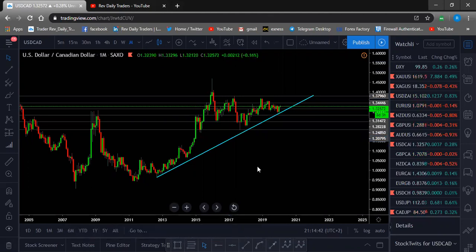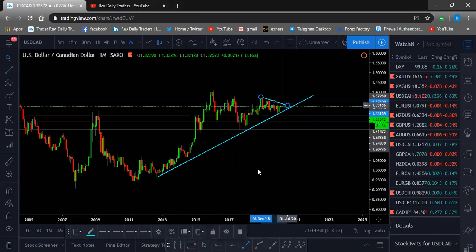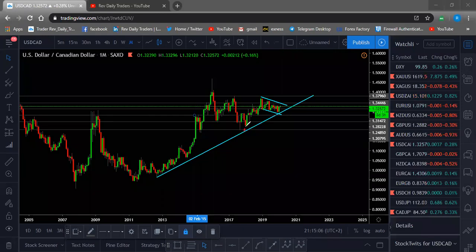Okay, we're going to say, how about USD CAD being on this channel, okay? Remember, on wave strategy that if you get an impulse, then you correct.